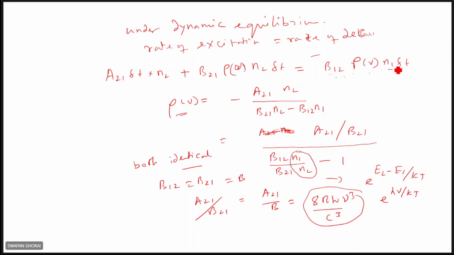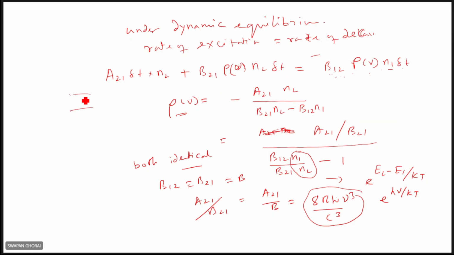The N1 which is multiplied is the population density; probability multiplied by population density gives the rate. This is the rate of excitation. And the rate of decay will be the probability of spontaneous transition multiplied by N2, because it is 2 to 1. Here also, this is the probability of spontaneous transition, and this is the probability of stimulated transitions, into delta t.